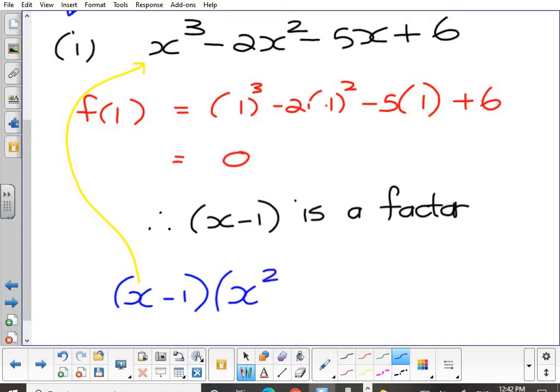Fantastic. Now I take the negative 1 and ask myself, with what should I multiply that negative 1 to get the constant at the back? Negative 6, correct. Minus 1 times negative 6 is positive 6. So here I get negative 6.